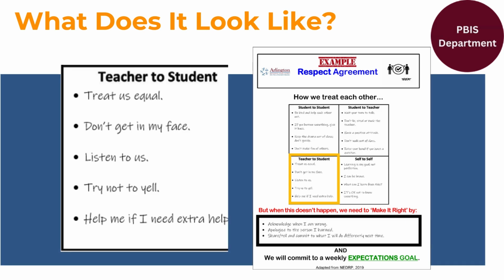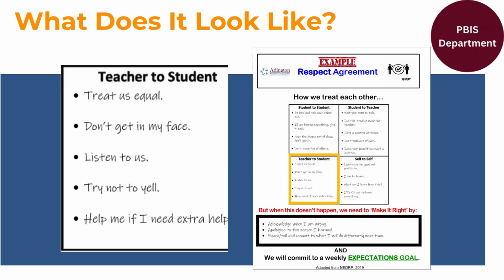The next quadrant is teacher to student. This quadrant is about how the students want the teacher to treat them. I think this is so important because students have different definitions of respect and what they need.